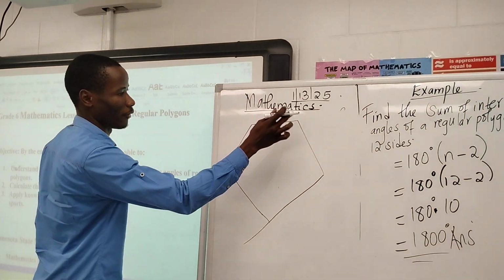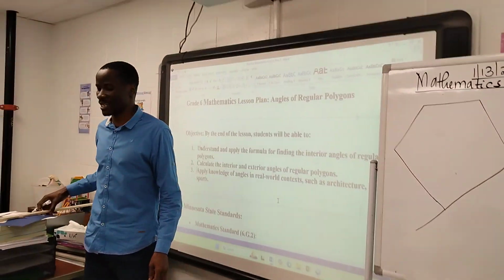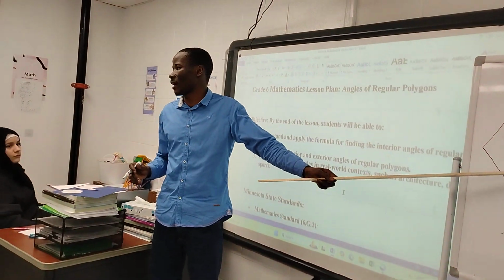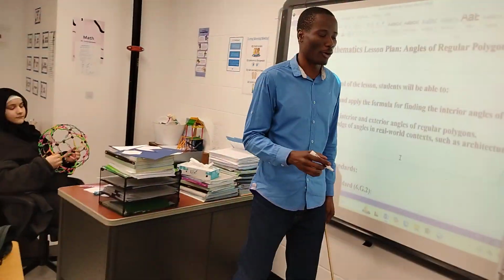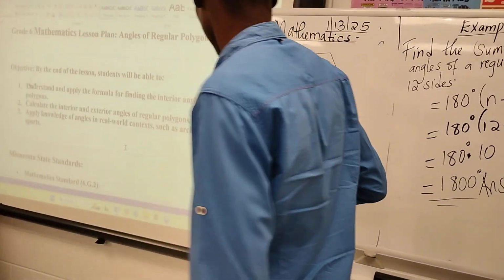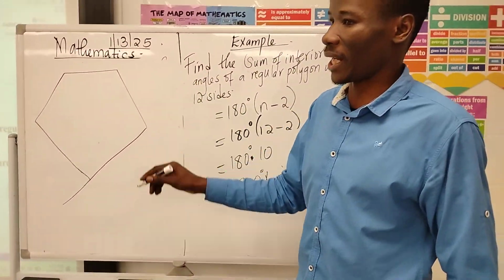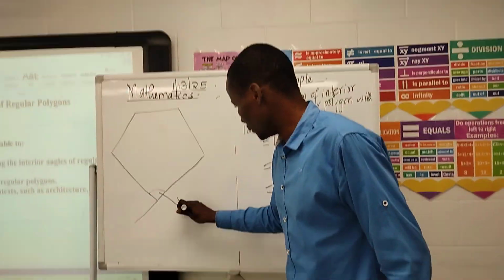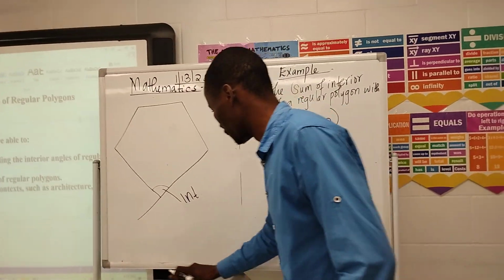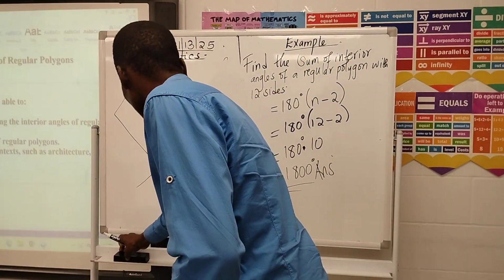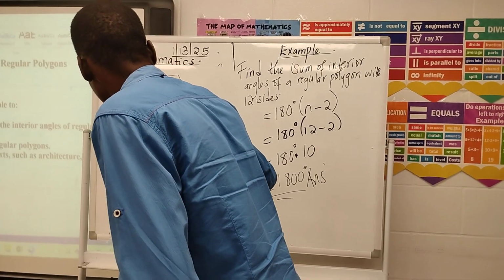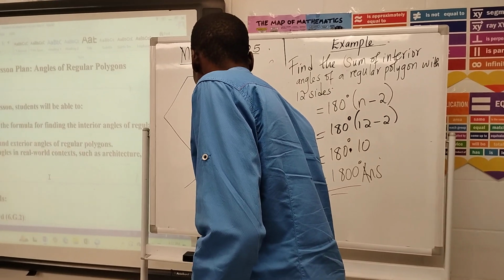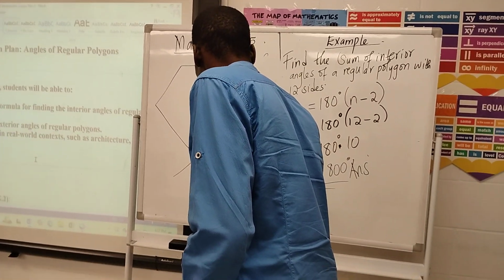1, 2, 3, 4, 5. Now, look on the board, class. This is a pentagon. How do we know that it is a pentagon? It has how many sides? 5. Therefore, I will want to show you something. If I have drawn my pentagon like this, then this angle here, this one, is the interior angle.